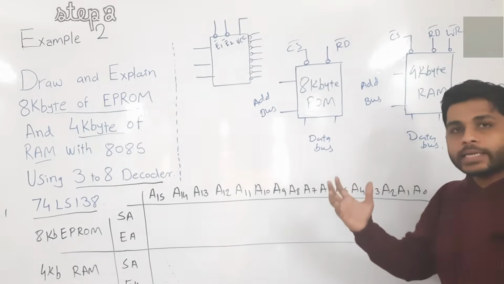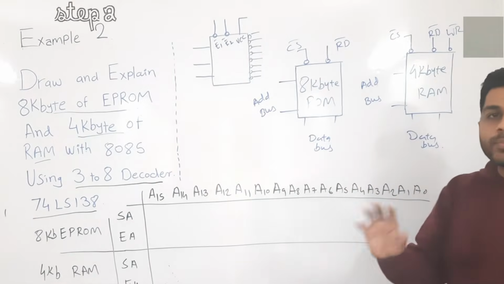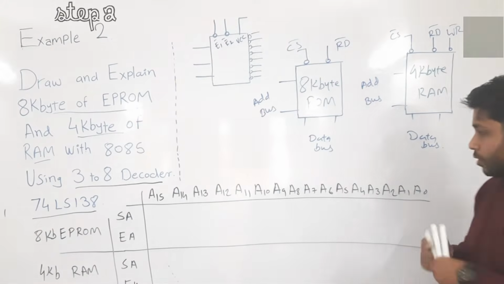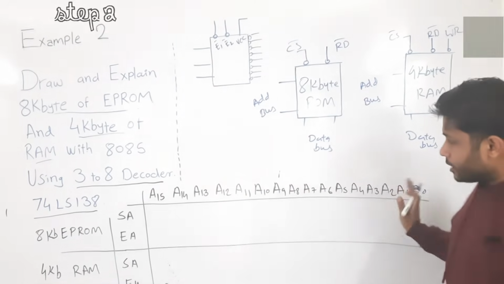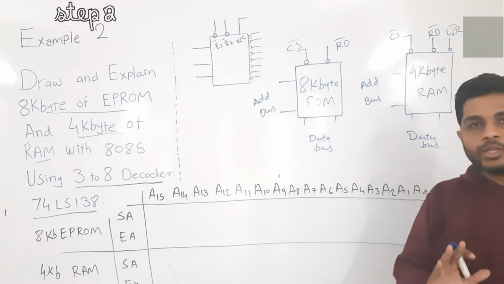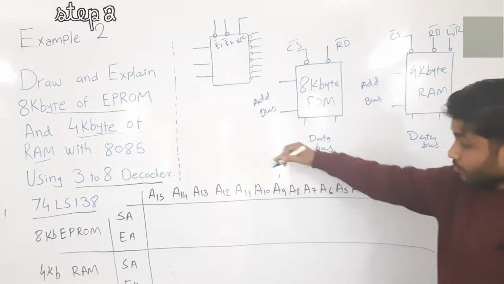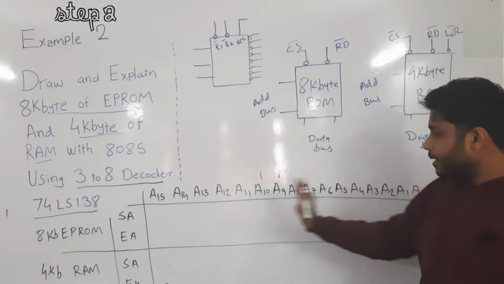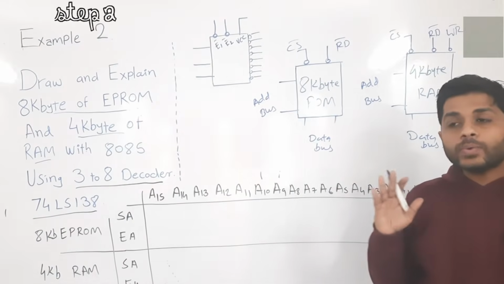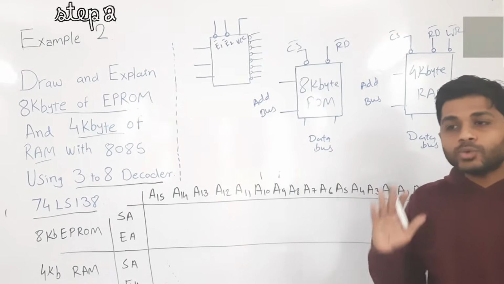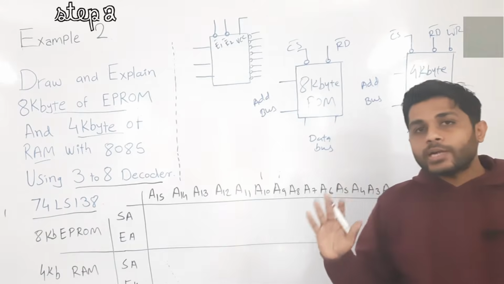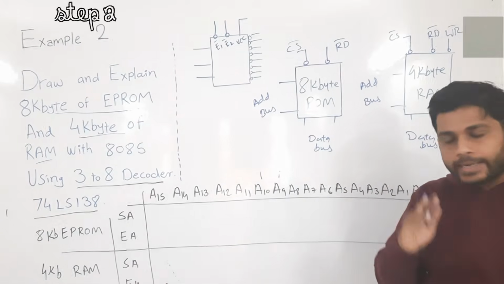So 2 raised to 10 means you can interface 1 kilobyte of RAM. If you provide A0 to A10, total 11, you can connect 2 raised to 11, which means you can interface 2 KB of RAM.